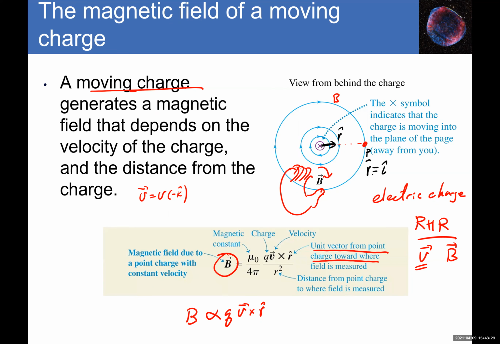So r hat equals i hat. Then I can replace this q v cross i hat, where this becomes q v negative k hat, then cross i hat. So that's what I will have.